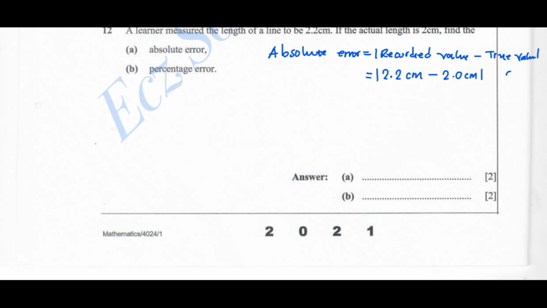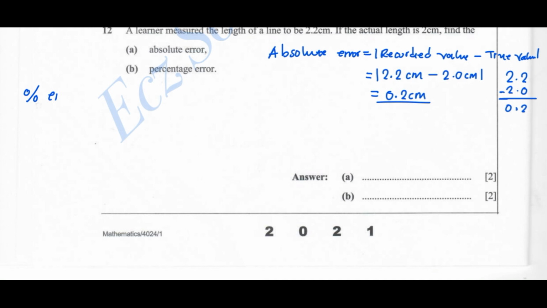So that we have 2.2 minus 2.0. So 2 minus 0 is just 2. 2 minus 2 is 0. So our absolute error is 0.2 centimeters.